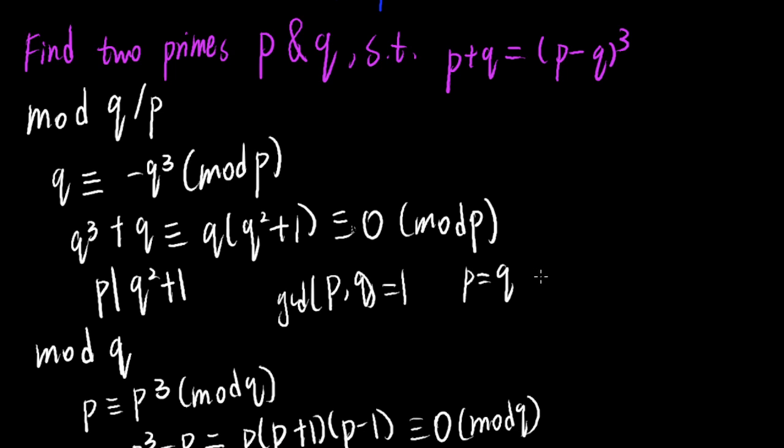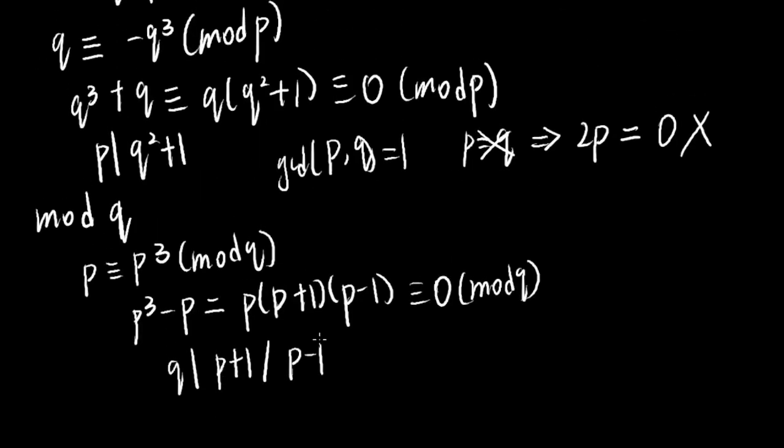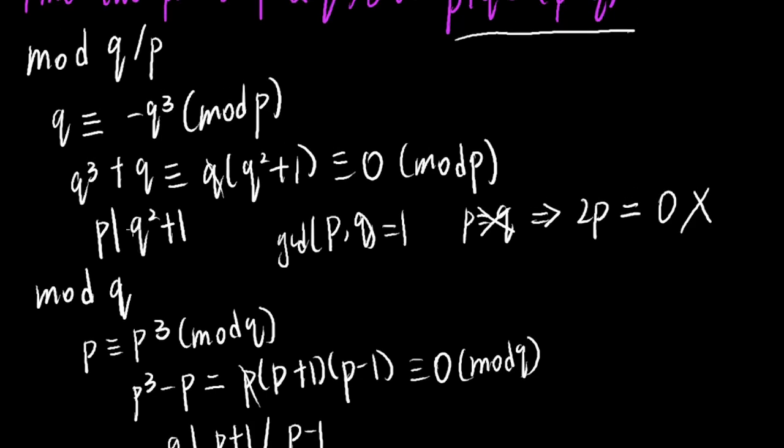If p equals q, we can check 2p is 0 if we substitute into this equation, and this is impossible. So p cannot equal q, and so p and q are co-prime. And that's how we get rid of p and get rid of q in these two modular arithmetic.